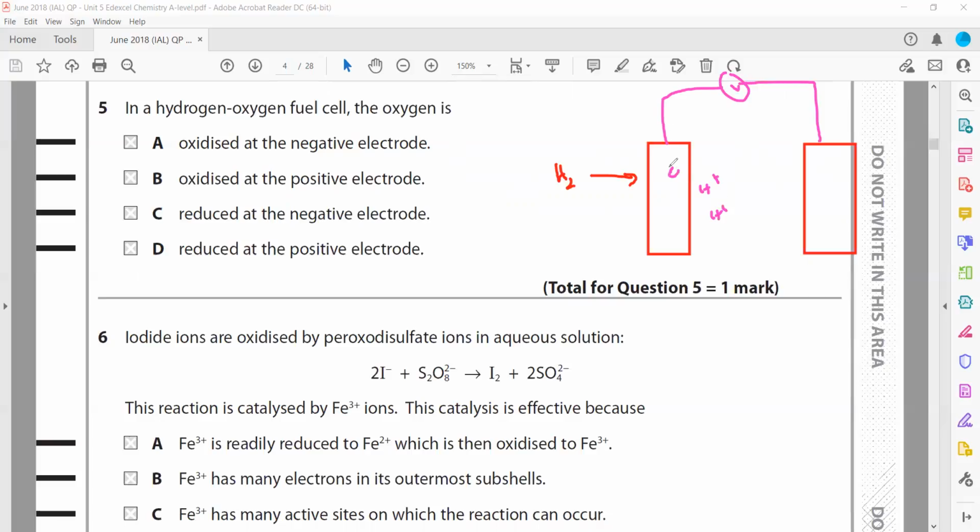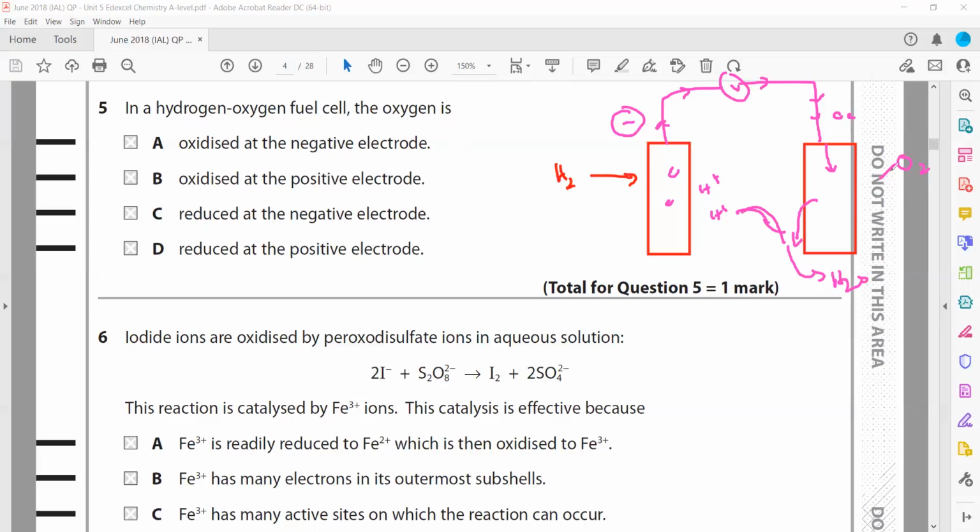These electrons will travel, so this is called the negative electrode. And what happens to oxygen? The electrons travel around the circuit, and oxygen gains electrons and combines with the hydrogen ions to form water, H2O.